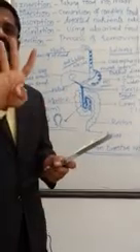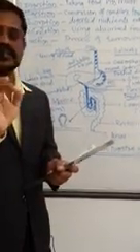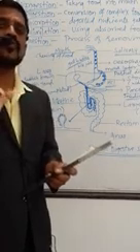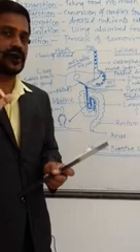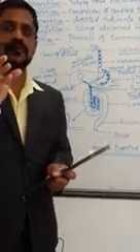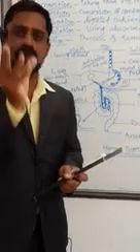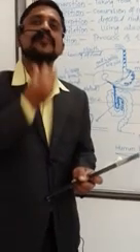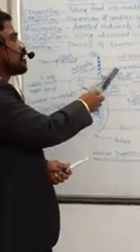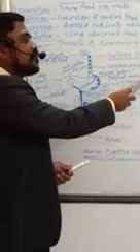There are 4 kinds of teeth in our body: incisors, canines, premolars and molars. The main role of these teeth is to masticate the hard food material into a soft bolus that can be sent to the esophagus. Now look at this. This food material is going through the esophagus by the process called peristalsis.